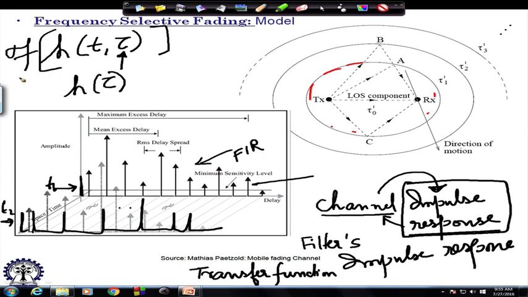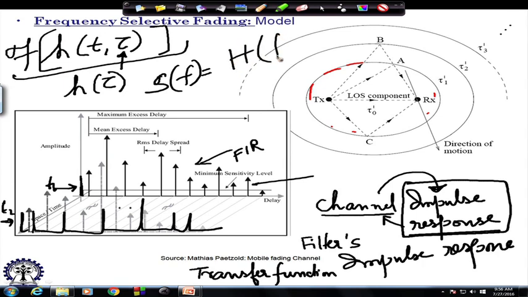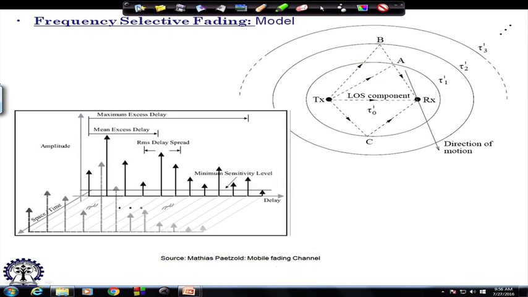Therefore, the transfer function relates the input and the output in the form that, let us say, S of f, that is the output, is equal to the transfer function, let us say h of f, times the input, or let us say x of f. So, that is how you would relate the transfer function. The same thing applies, only thing is that here there is a time factor which should get associated. So, this we should remember and we will use it later on. So, with this let us progress further in our discussion.